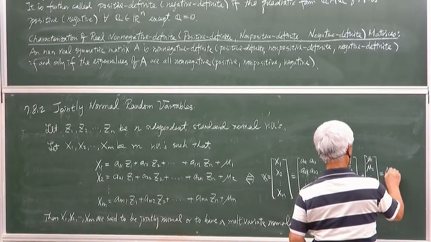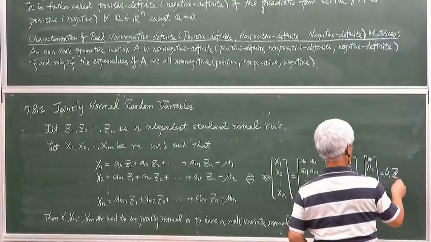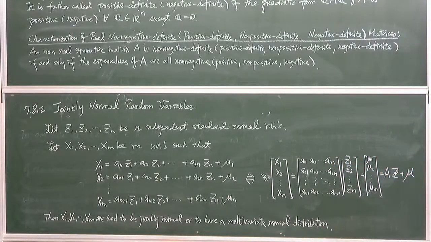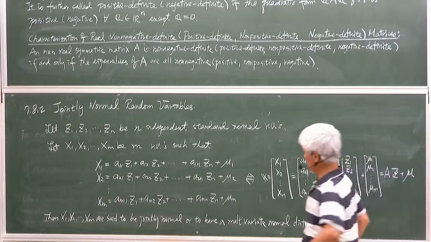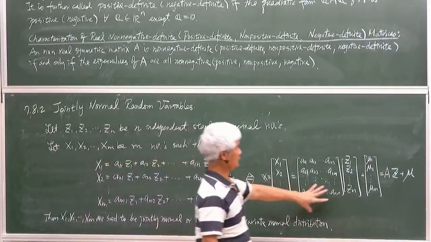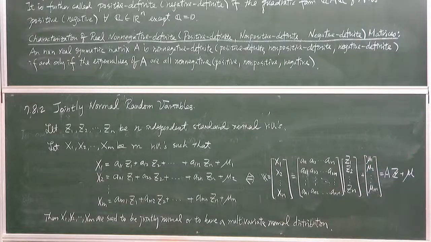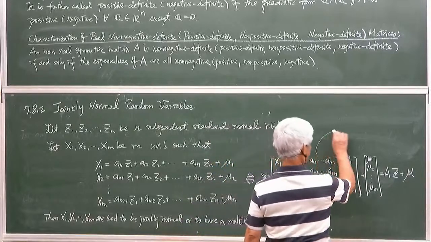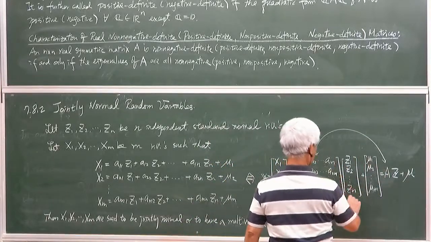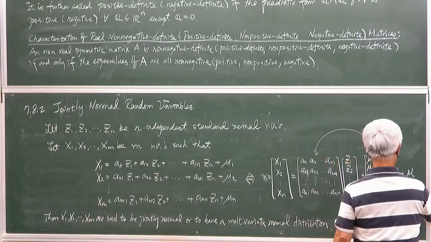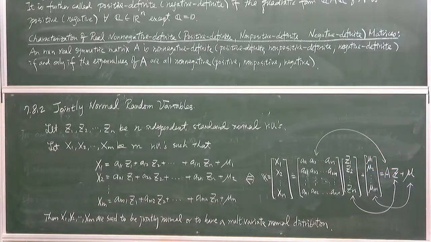So it's A Z plus mu. This system of linear equations can be written as a matrix equation here. So this A matrix here and Z vector here and here.